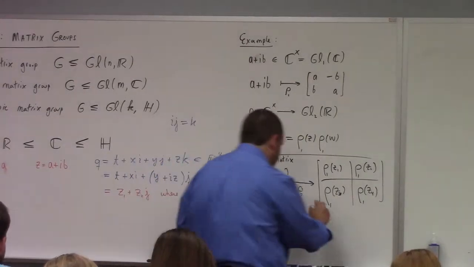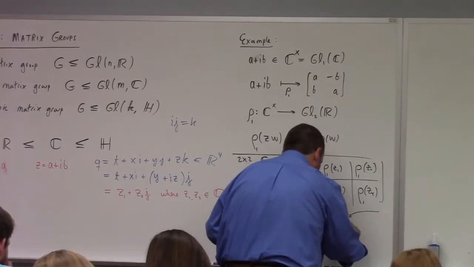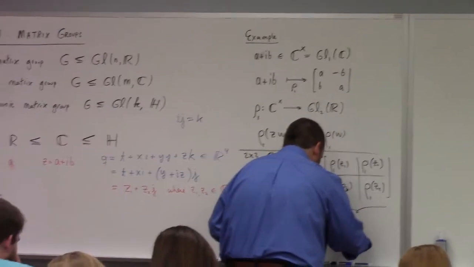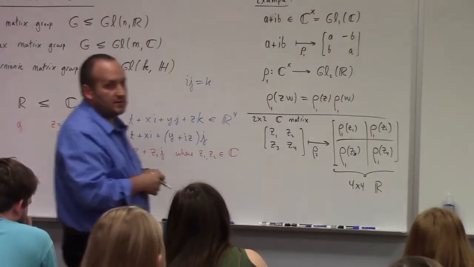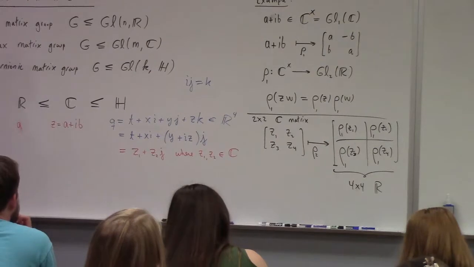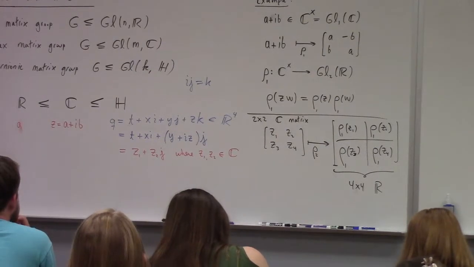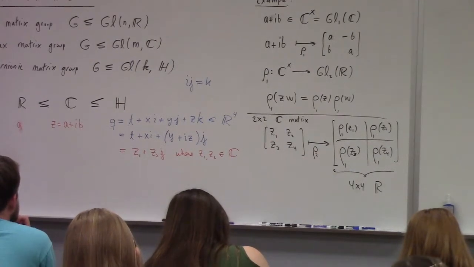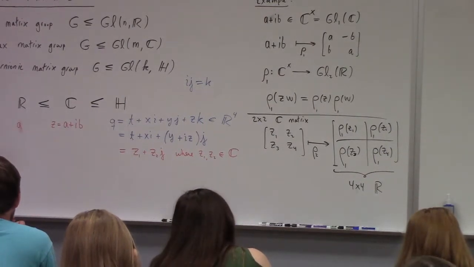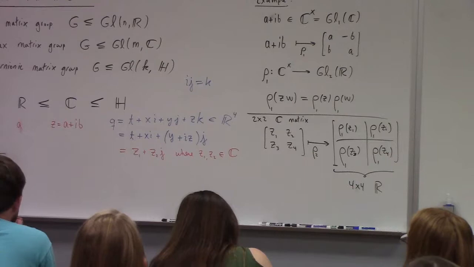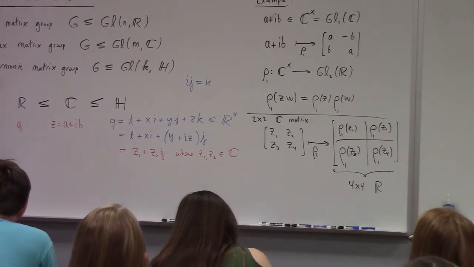So you can build a 4 by 4 real matrix which corresponds to a 2 by 2 complex matrix. You can take a question in 2 by 2 complex matrices and convert it to a corresponding question in 4 by 4 real matrices if you like. I will spare you the details about the quaternions, but it is well known how this is done.